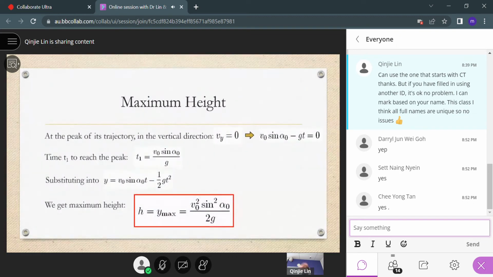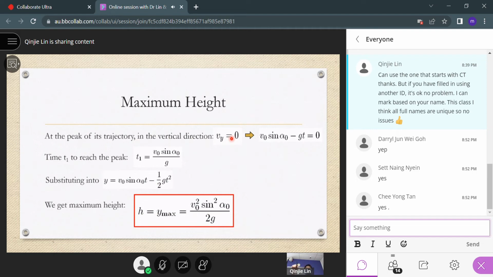Also, for a projectile motion, there will be a point where you reach the maximum height. That means in terms of the y direction, you will reach the largest value. That can also be found by substituting the right conditions. So at the peak of its trajectory in the vertical direction, Vy will be 0. Make sense?